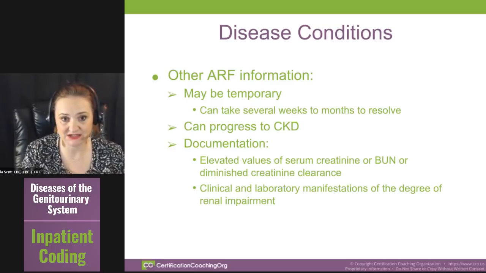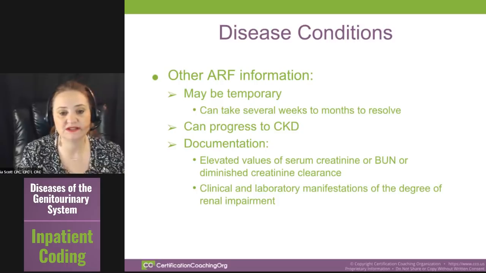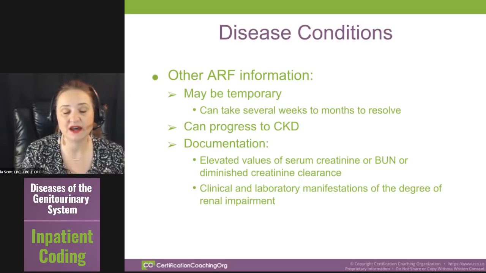When you're looking at the documentation, things that give you an indication that something is going wrong with the kidneys include elevated serum creatinine. Whenever you see anything that says creatinine, they're talking about the kidneys, and this is how the kidney flushes out the muscles.